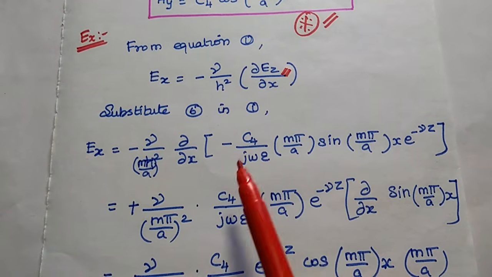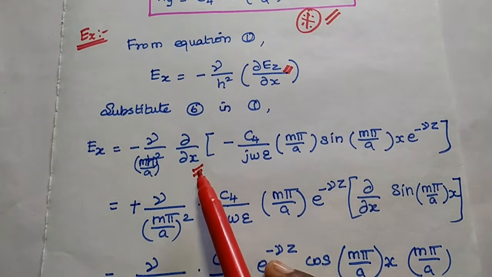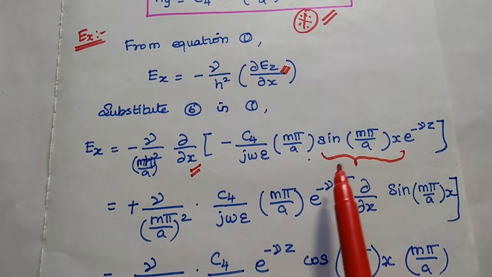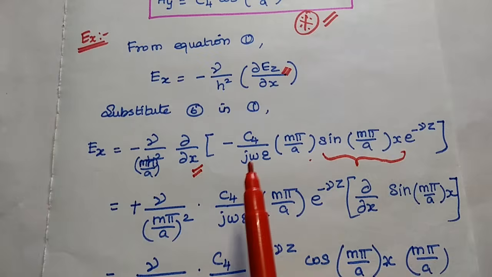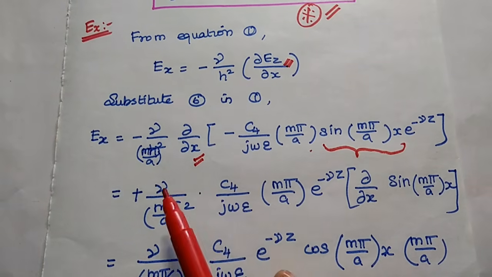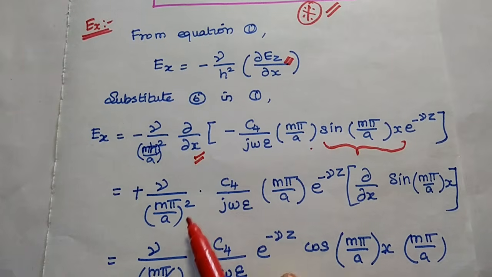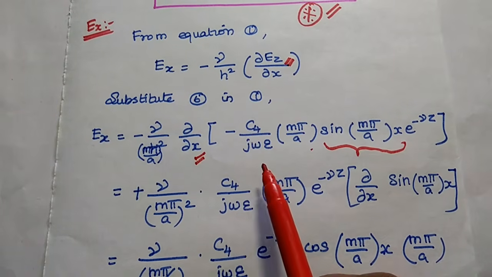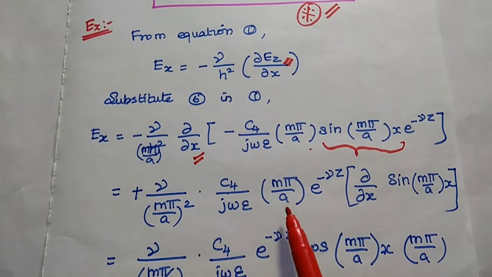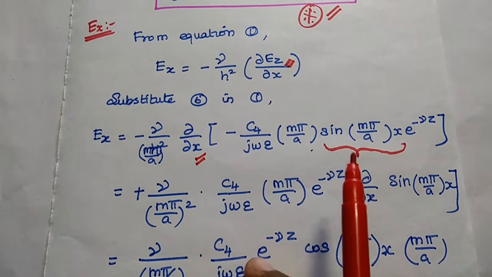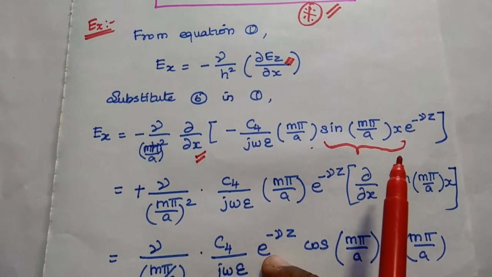Okay, so we are going to differentiate with respect to x. We keep this value alone inside the bracket and move all other terms outside. We get minus into minus plus, gamma by m by a the whole square, C4 by j omega epsilon, m by a, e power minus gamma z, dou by dou x of sin m by a x.